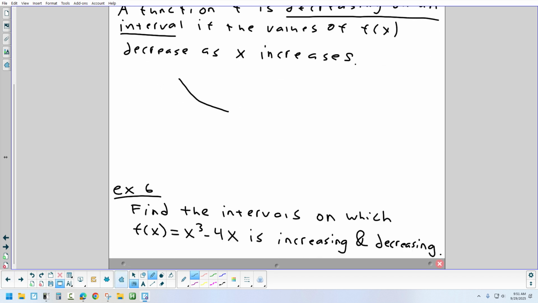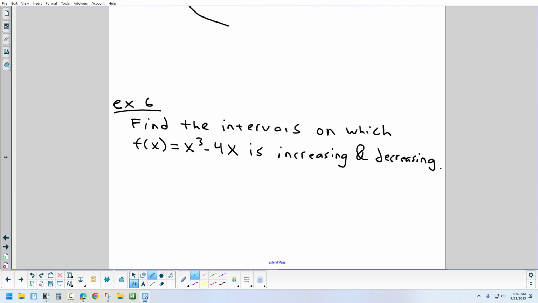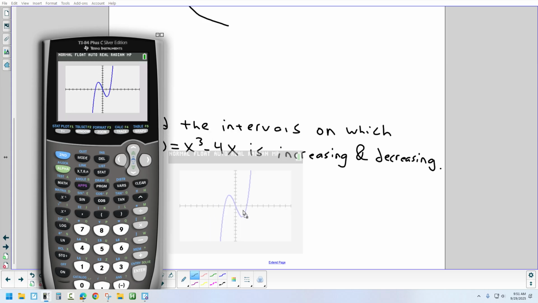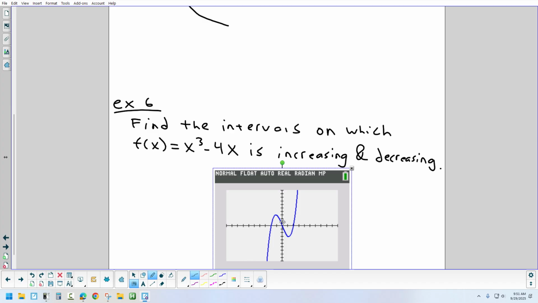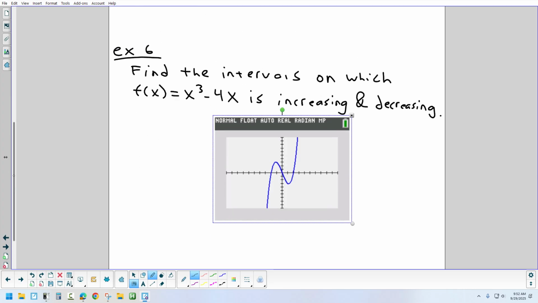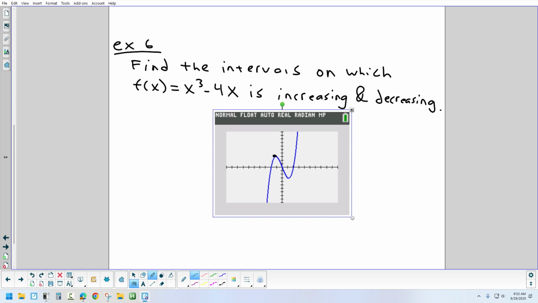Okay, so let's finish up with this. It's the same function we just used. Find where it's increasing and where it is decreasing. Okay, so x cubed minus 4x. All right, so what I try to do is think of those two points.